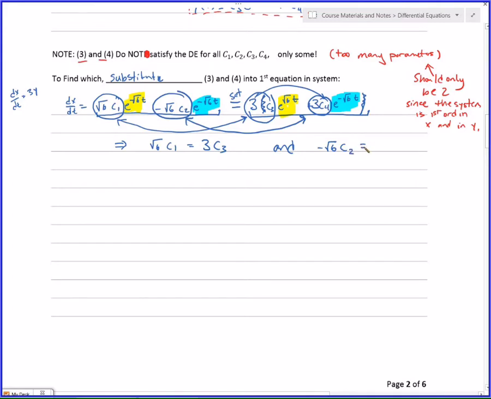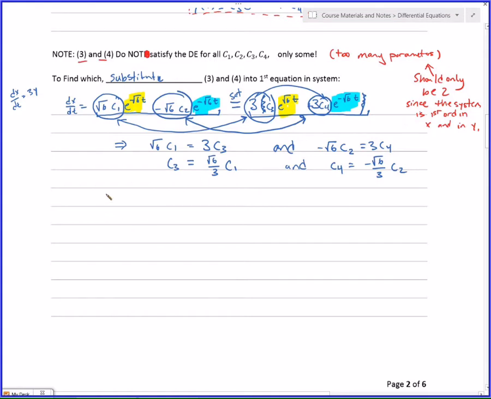C2 has to equal 3C4. So I would say C3 has to be square root of 6 over 3 times whatever C1 is, and C4 has to be negative square root of 6 over 3 times whatever C2 is.